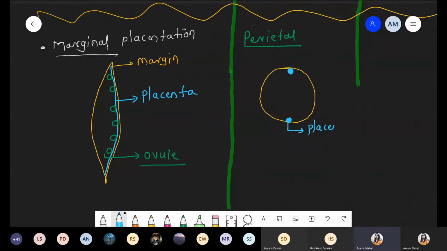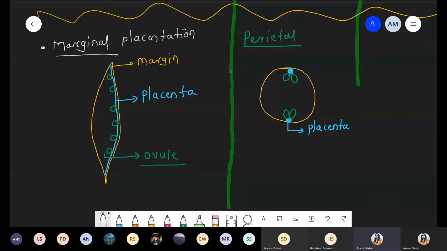This blue color we represent for the placenta. Now, we just discussed that on the placenta there is a presence of ovule. So these are the arrangement of ovules on placenta. Okay, so just check what happened. Sometimes there is a formation of wall, sometimes a formation of septa.